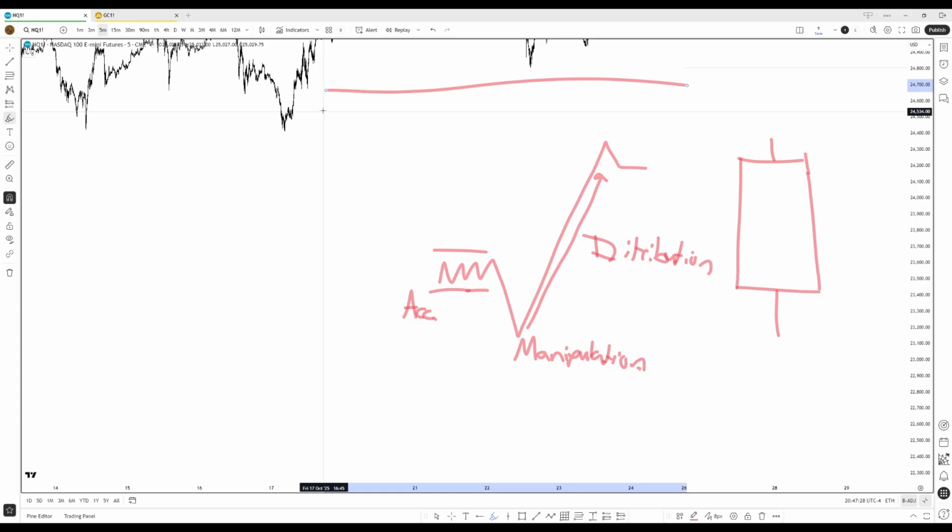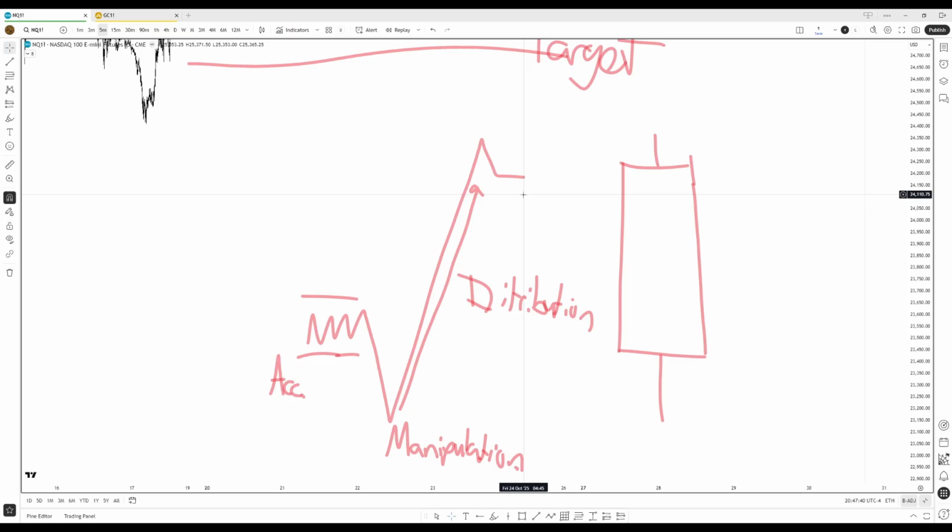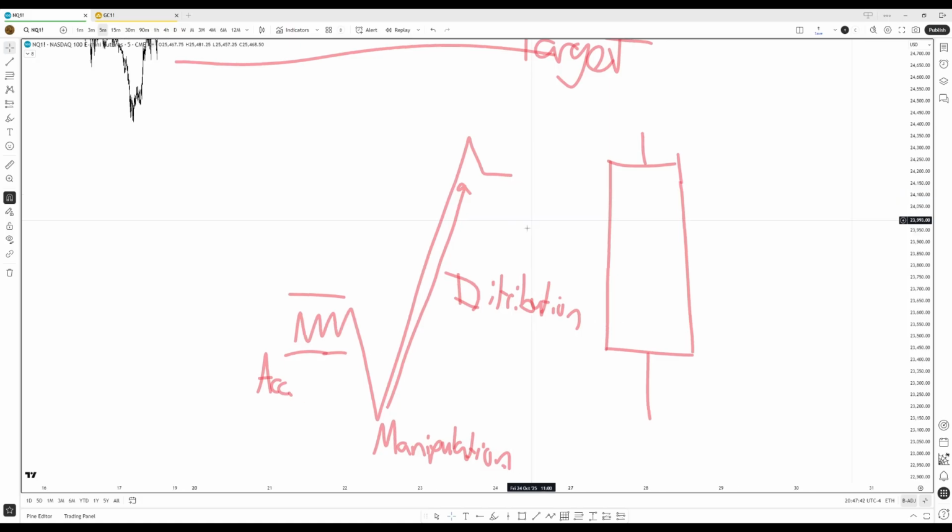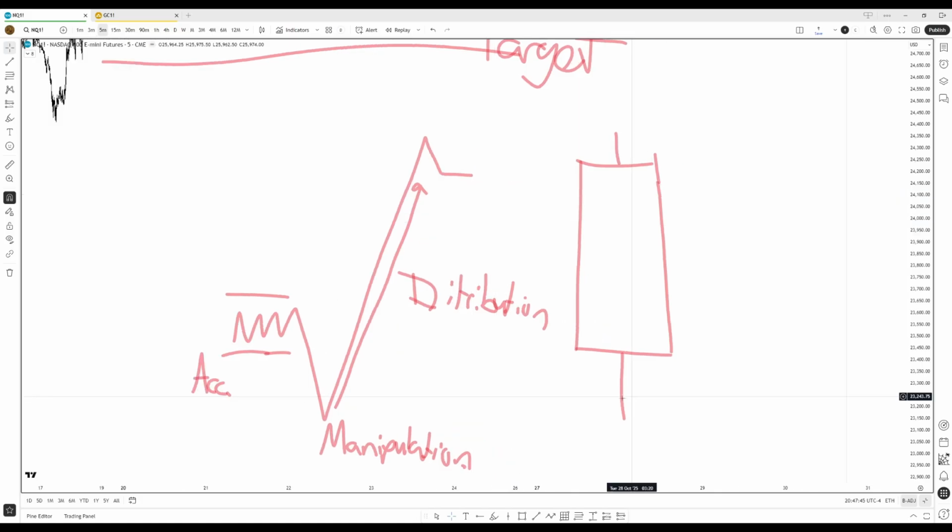It doesn't matter. There's a target. Then we close, and that's what makes up a candlestick, with the different phases of the candle, right? So the power of 3.